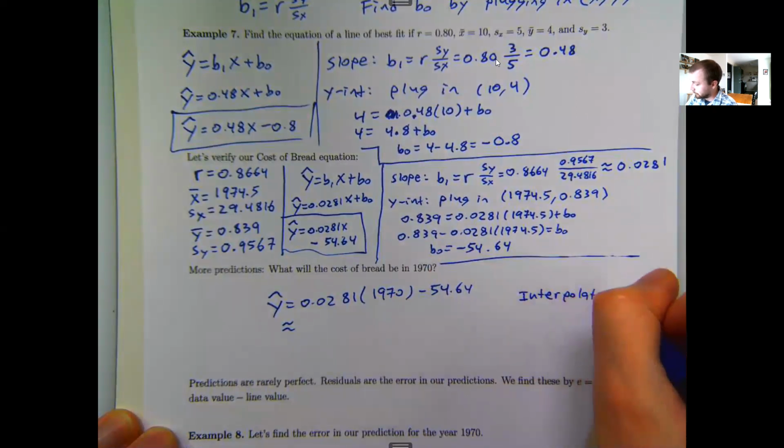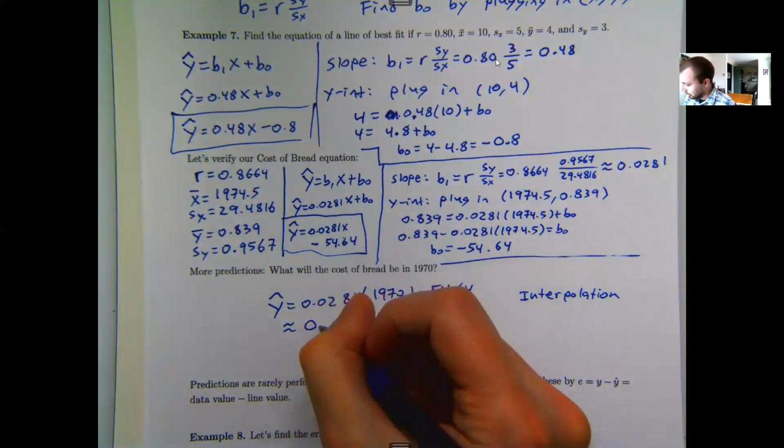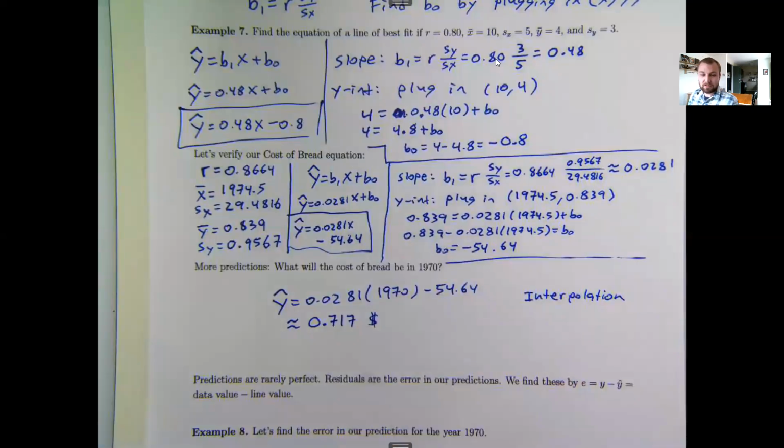And interpolation is usually the good type of prediction because it's inside. But let's type it in and see how close we are. When I did this, I got approximately 0.717, so about 72 cents or so.